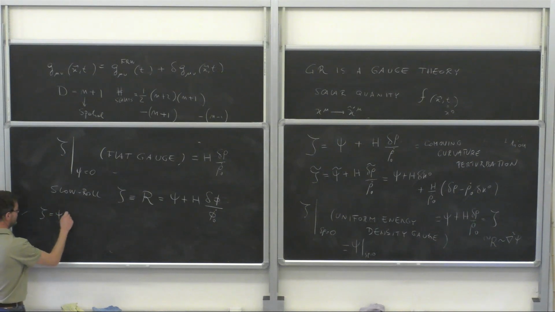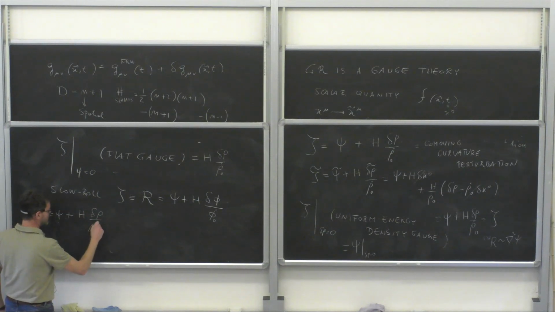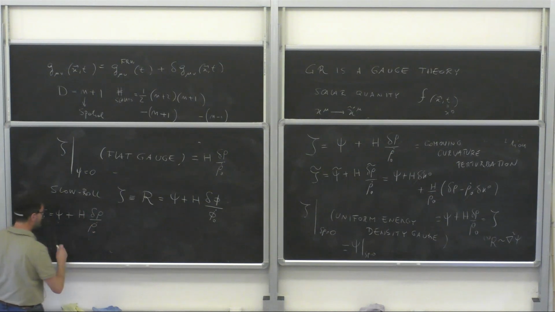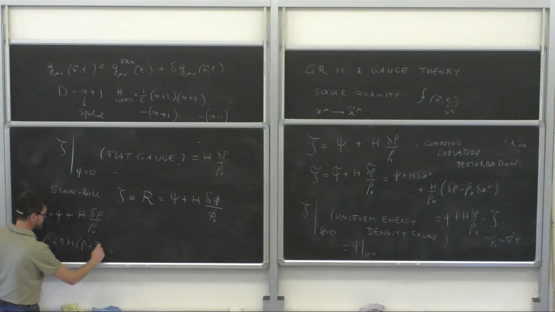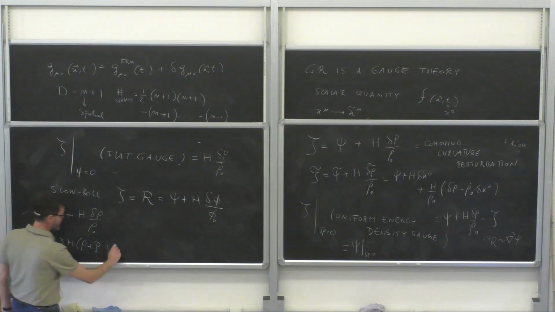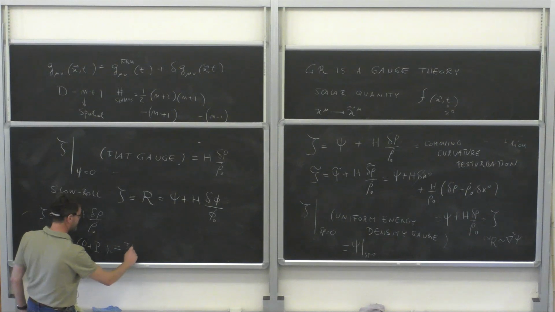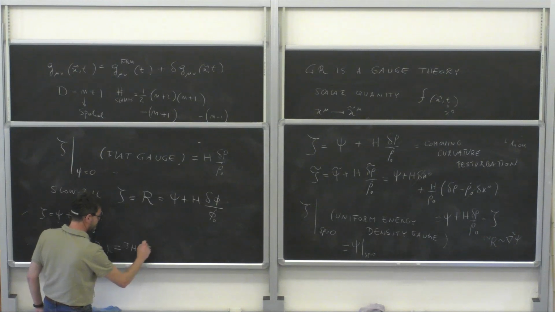It is psi plus H delta rho over rho dot 0. Now remember that rho dot 0 is 3H times rho plus p. But for an inflaton field, rho plus p, if you remember, was just phi dot squared. So this is nothing other than 3H times phi dot 0 squared.